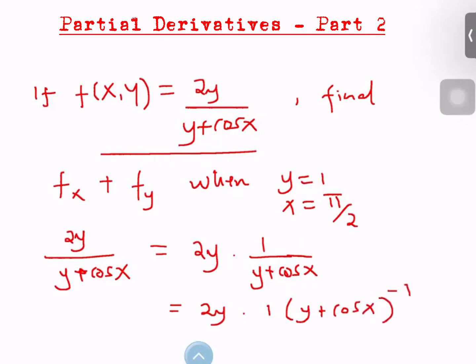And this again is the same as 2y into brackets y plus cos x, then power negative 1, which is exactly the same as 2y divided by y plus cos x. We haven't done anything. I just wanted to simplify it further so that it's easy to work out the partial derivatives.